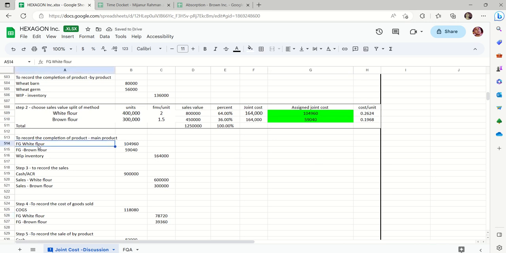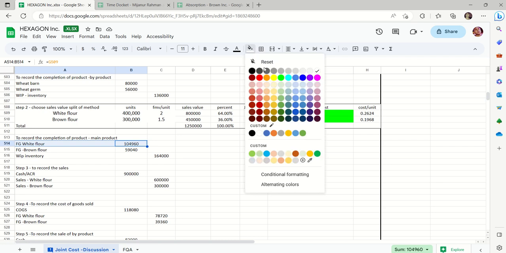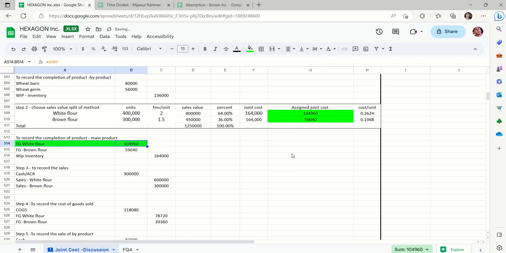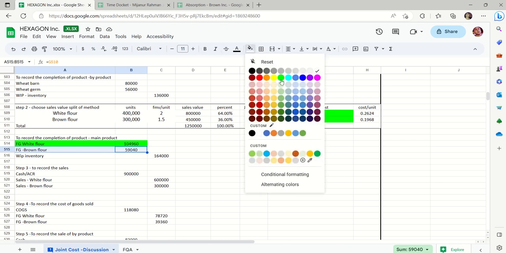We just simply debit the finished goods inventory with $104,960. That is the finished goods inventory. And with respect to finished goods brown flour, we debit the $59,040, which is highlighted in green.